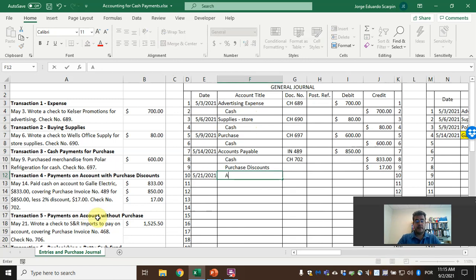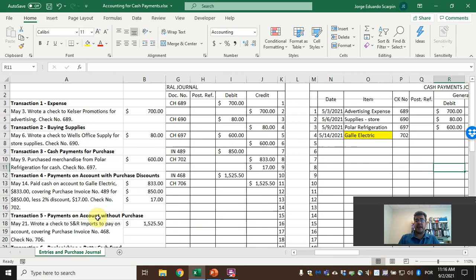Again, accounts payable, and we are paying the invoice $468, debit 1,000 equal 1,525. And credit, cash, check 706, 1,525. Now it's much easier on cash payments here.